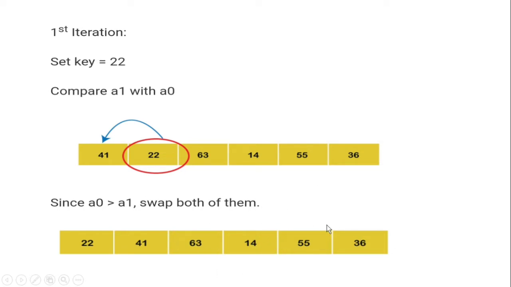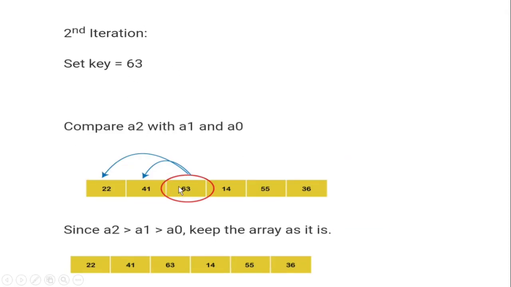Now we go for the second iteration. Here's the second iteration, and there is a key 63. We set the key 63 and compare a2 with a1 and a0. Since a2 is greater than a1 and a0, and a1 is also greater than a0, there is no need for swapping.